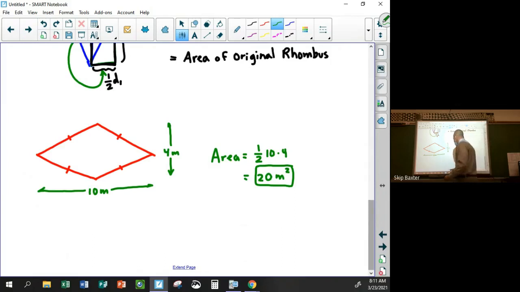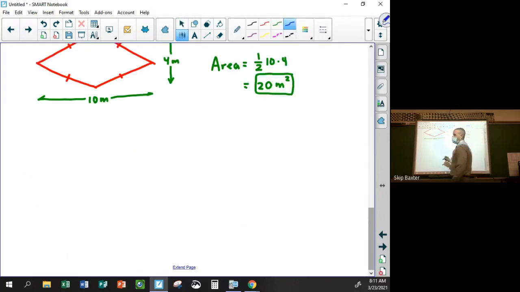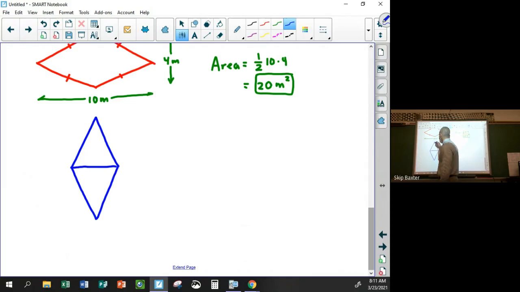Sometimes they might try and fool you, but not very well. You won't fall for it. Like this. They might draw in the diagonals. And maybe they'll say, this tall diagonal is 12 inches, and this distance is 2 inches.